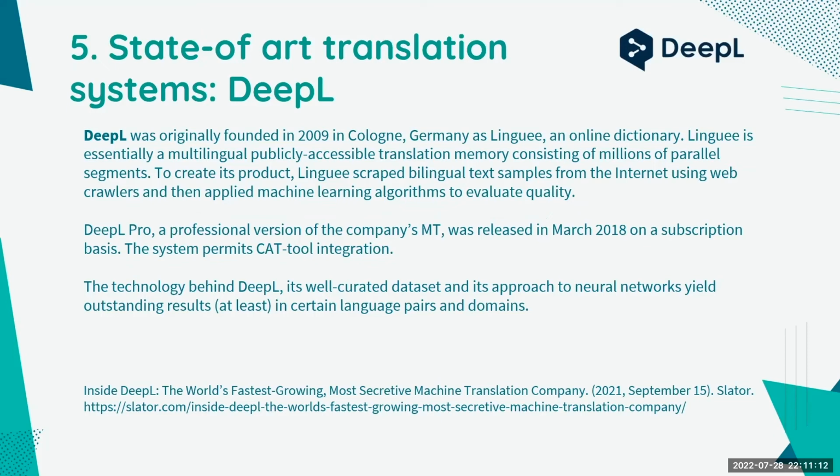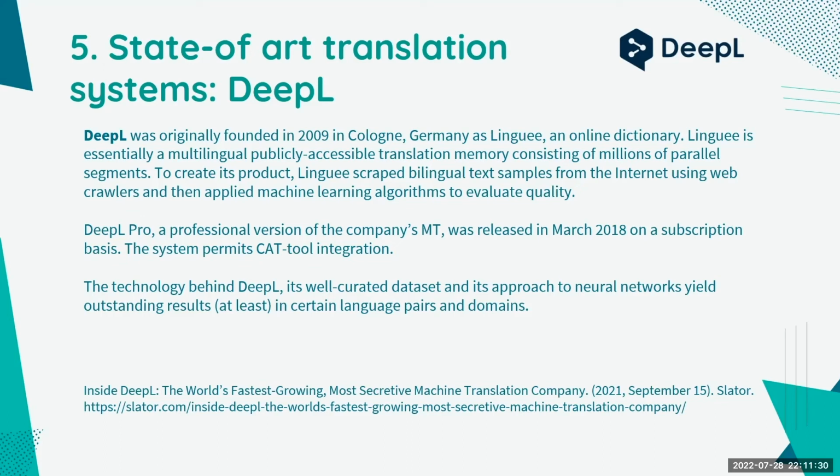Now, we will look at some state-of-the-art translation systems. For example, DeepL. It was originally founded in 2009 in Germany as Linguee, an online dictionary.